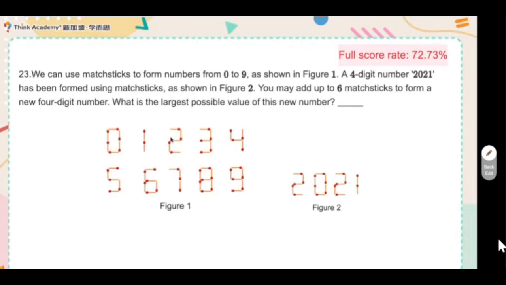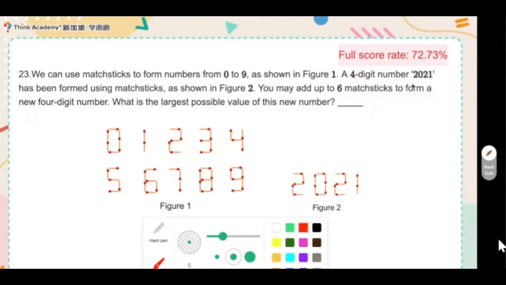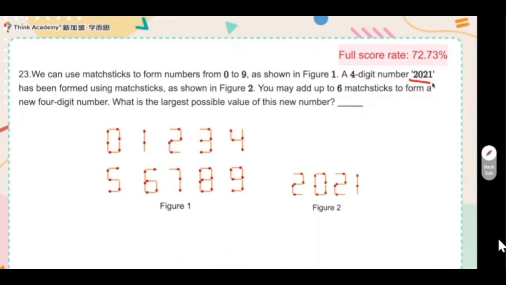Question 23. We can use matchsticks to form number from 0 to 9 as shown in the figure 1. A 4-digit number 2021 has been formed using matchsticks as shown in the figure 2.